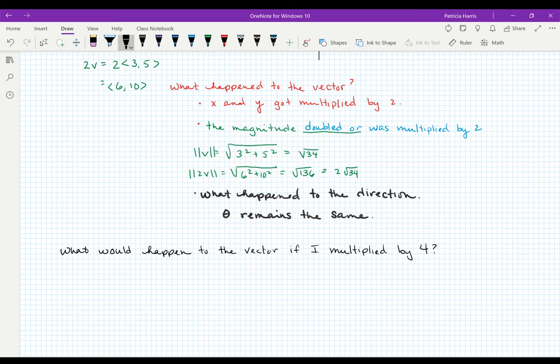What do you think would happen? Well, let's take the same vector. Remember, your vector was (3, 5). We're going to do 4.